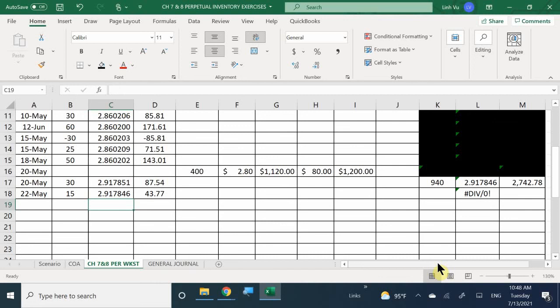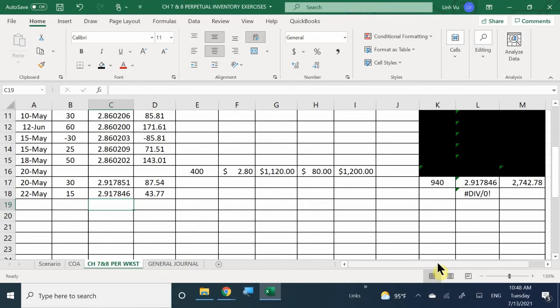2.918. Okay, don't round yet. My calculator's rounded. It's not giving me the unrounded number. Just make sure that you don't punch it in. As long as you keep that in your calculator, it should give you the number.